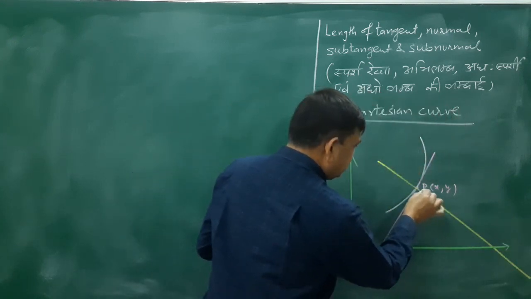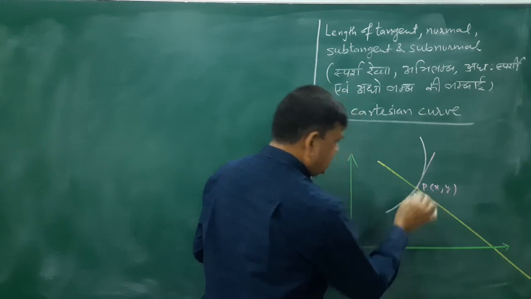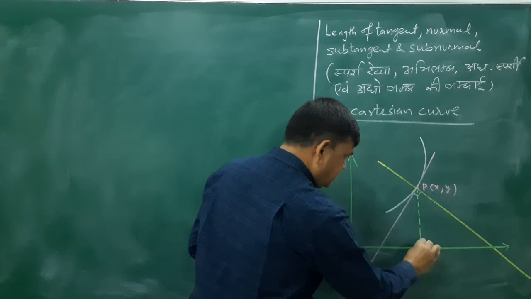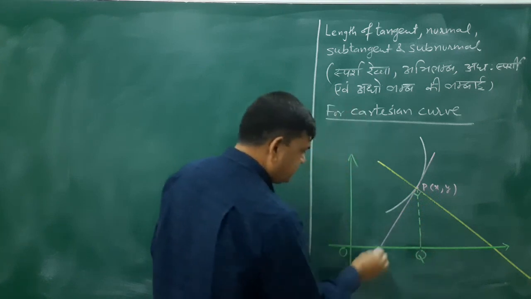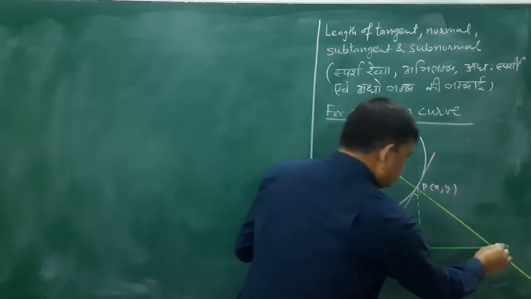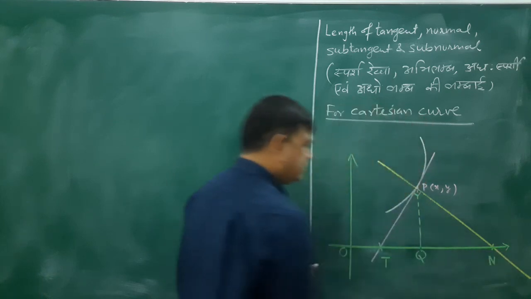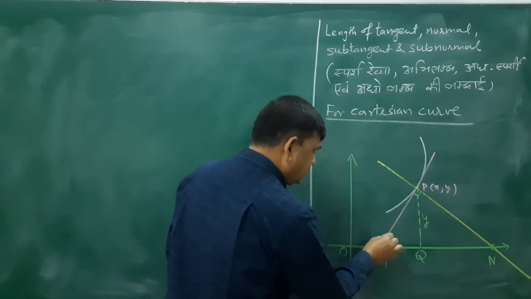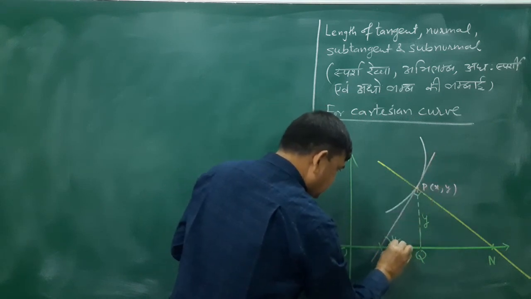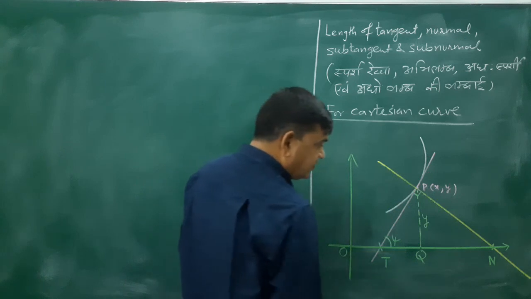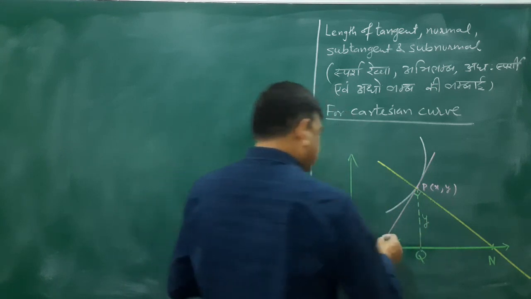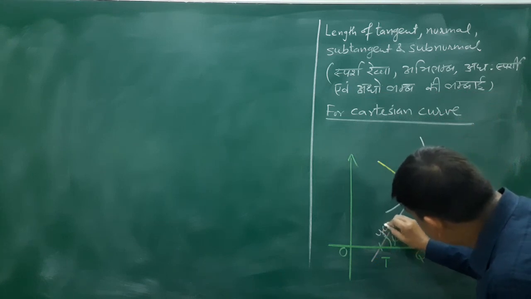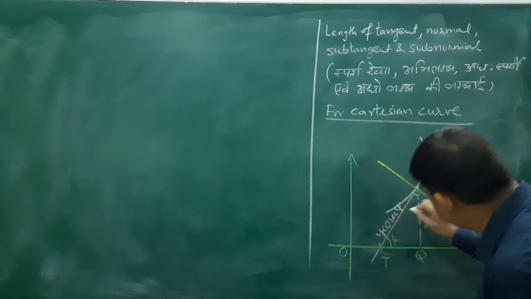This angle is 90. Here it is. आपको याद होना चाहिए, हमने यहां से परपेंडिकुलर ड्रॉप किया था, ये पॉइंट Q, this is T, this is N, this is Y, this angle of the tangent, so this is psi. याद करो, this is Y, this is psi, and here it is Y cosec psi.